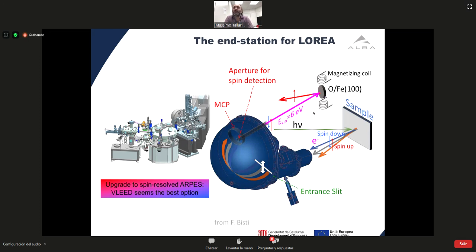It has magnetization coils that can change the magnetization direction of the target, and then one can discriminate the spin up and spin down. And then with the manipulator, we can orient the sample to get all the spin information from the sample in all directions.